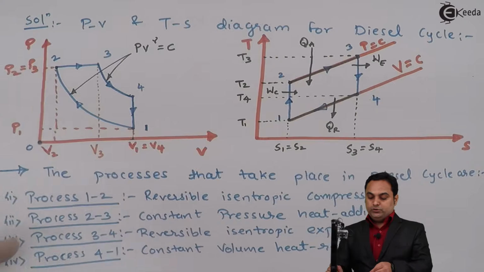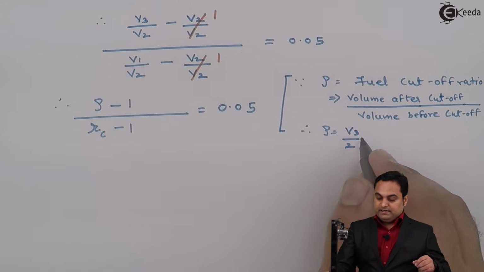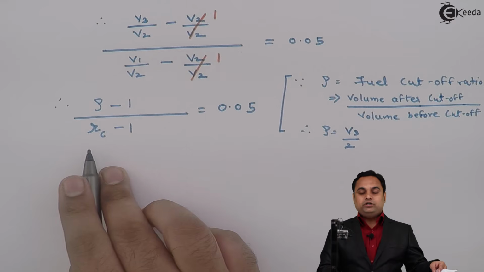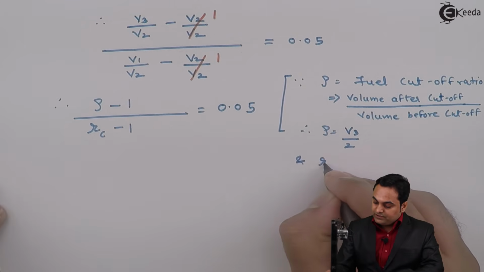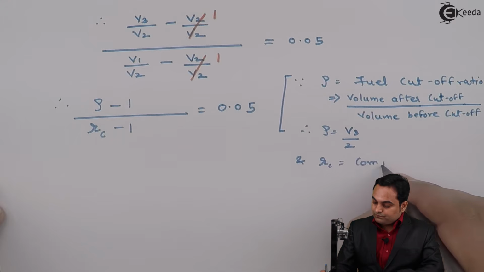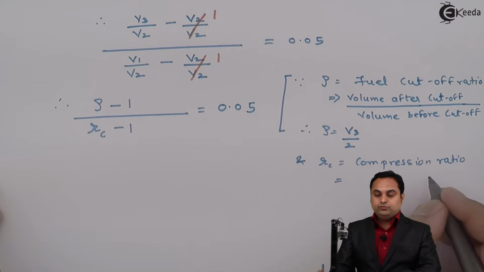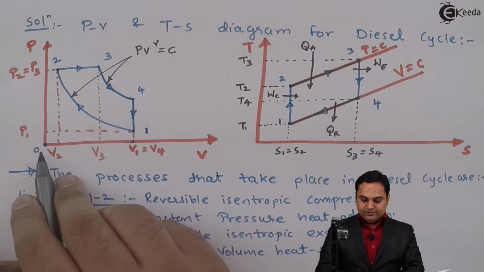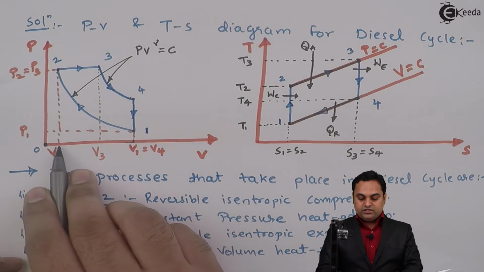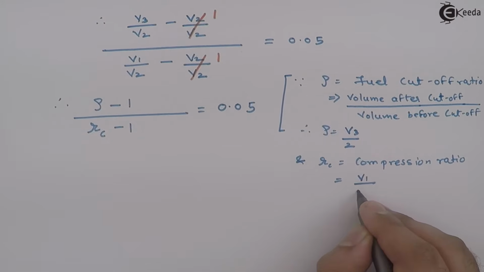So V3 upon V2 is the fuel cutoff ratio. And similarly RC is called the compression ratio, which is equal to cylinder volume upon clearance volume. And here as I can see, the cylinder volume is up to V1, clearance volume is up to V2. So V1 by V2 is the compression ratio.